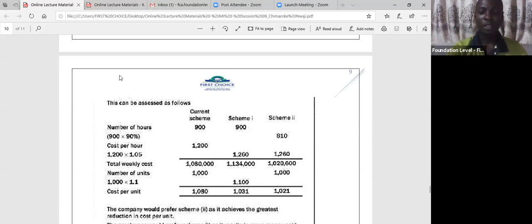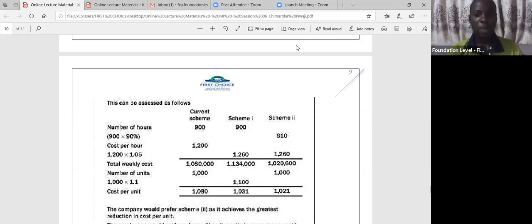Out of your 100%, you're spending 90%. So 0.9 will give you 810 hours in the week.